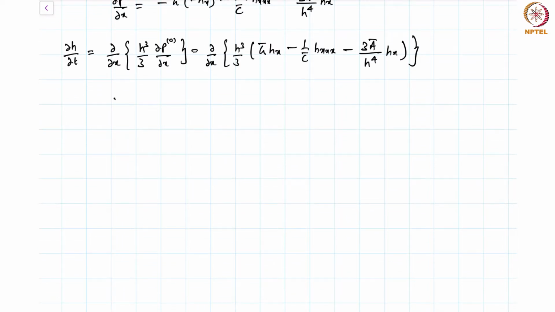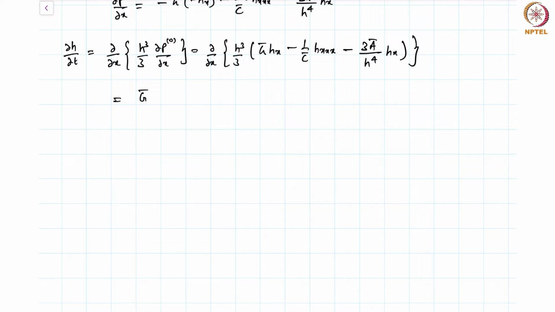So let's multiply h cube by 3 with the terms there. I'll do two steps at one shot. I will multiply and then take the derivative simultaneously.